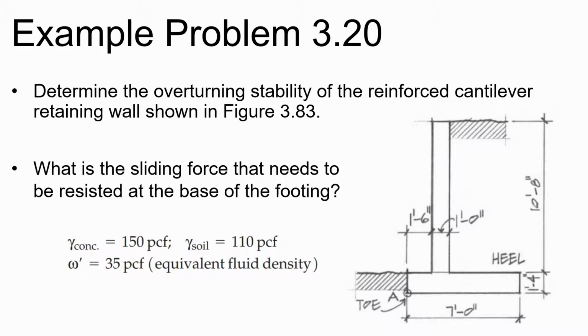Before we begin our calculations, we are told that the unit weight of concrete equals 150 pounds per cubic foot. The unit weight of the soil is equal to 110 pounds per cubic foot, and the equivalent fluid density is 35 pounds per cubic foot.